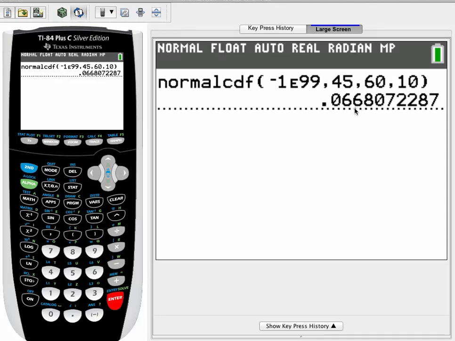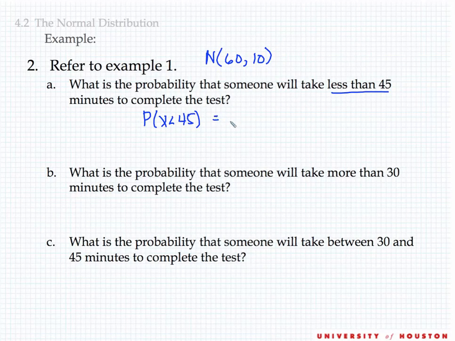And this is our probability, 0.0668, etc. Or 6.68%.